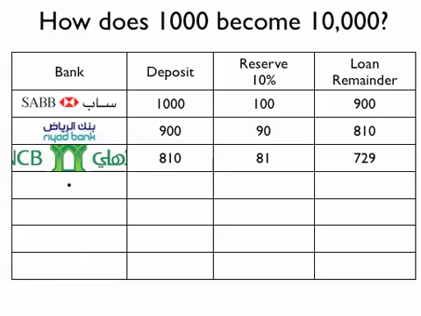Now we see how this process would continue with more and more banks going through this process. The total deposit, if we were to add these up, would total 10,000 riyals. And that's also known as the money multiplier.